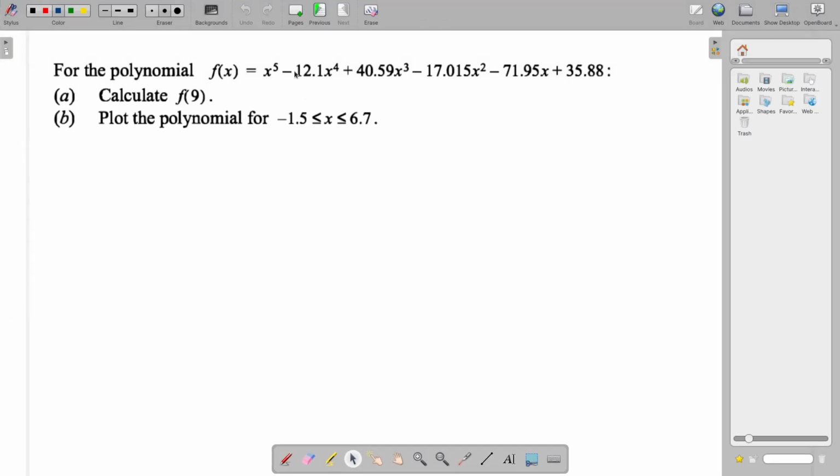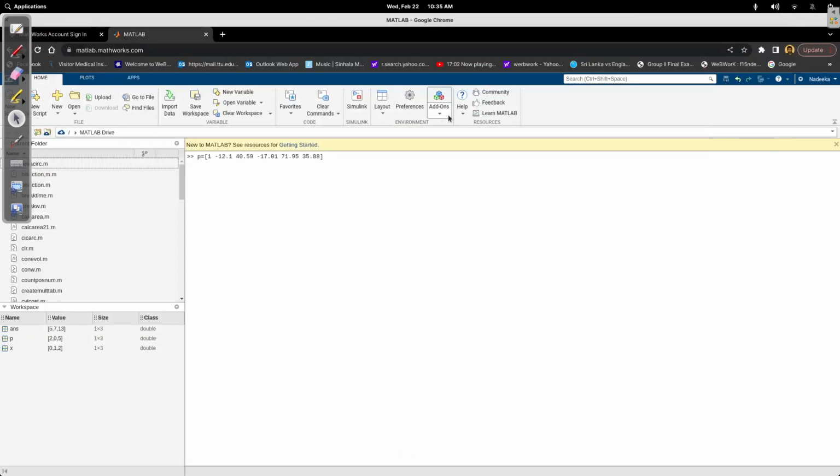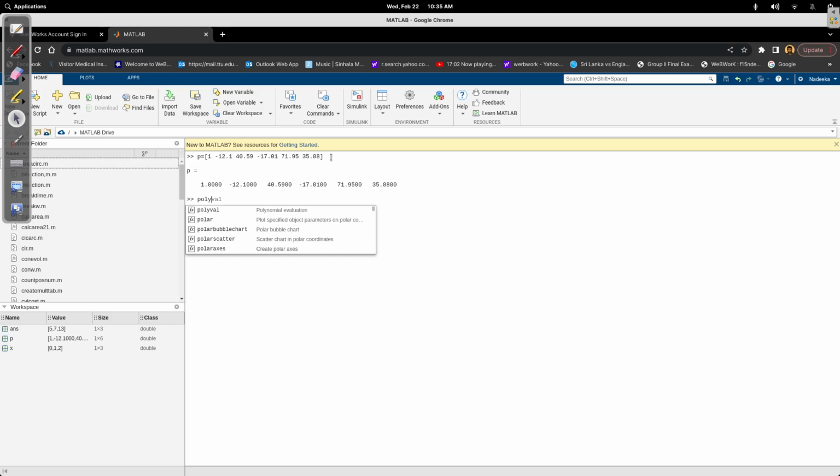It doesn't have any missing terms, so I don't have to put zeros. These are the coefficients for my polynomial. I can simply do this in the command line. To evaluate it at 9, I simply say polyval of p and 9.